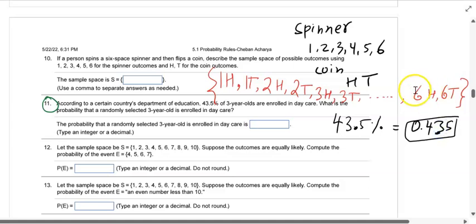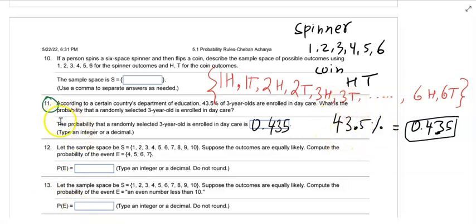The question is, what is the probability that a randomly selected 3-year-old is enrolled in a daycare? Since 43.5% are enrolled in daycare, the probability is 0.435. This percentage as a decimal is going to be the probability in this case.